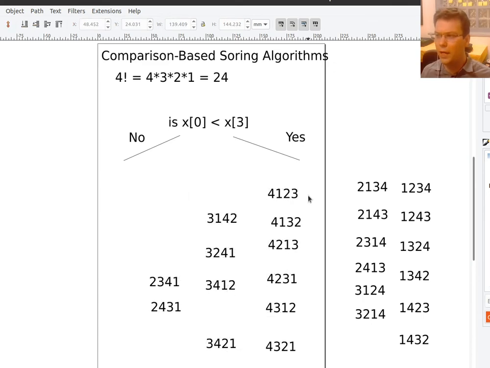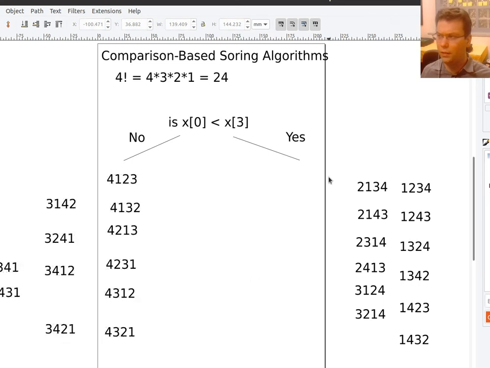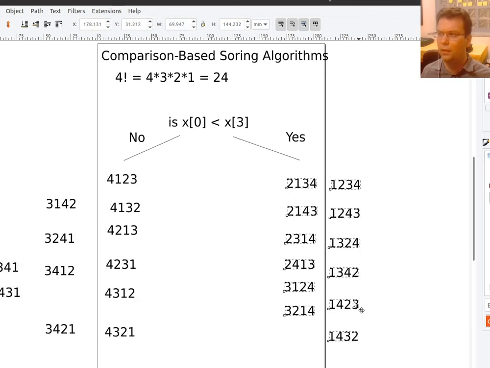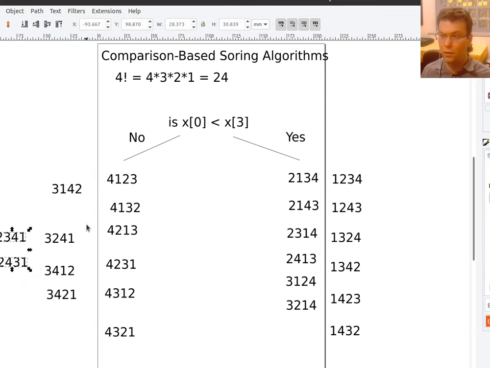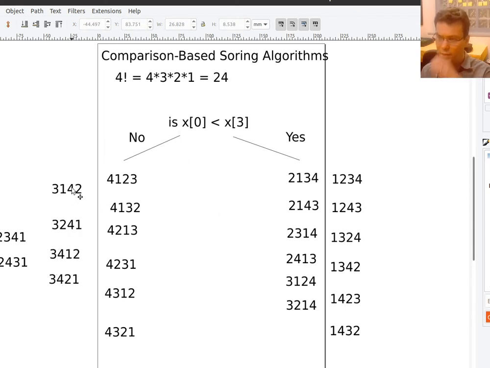All right, so if I answer this one question, it looks like I'm able to divide my possibilities roughly in half. Okay. So let's think about what other questions I could ask once I've branched off. I've already compared the first element to the last element.